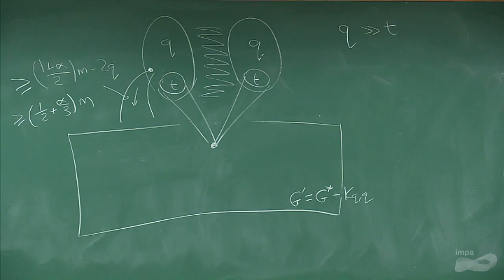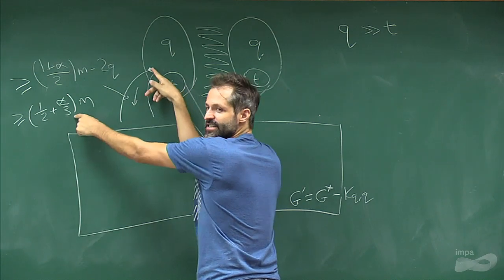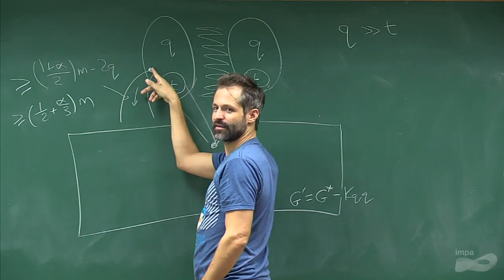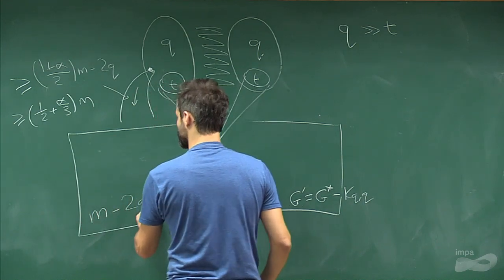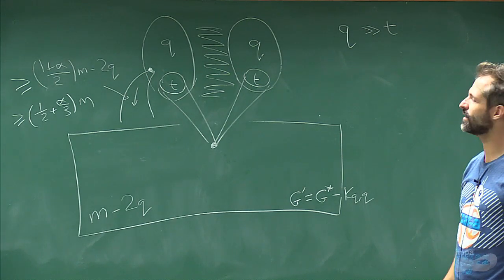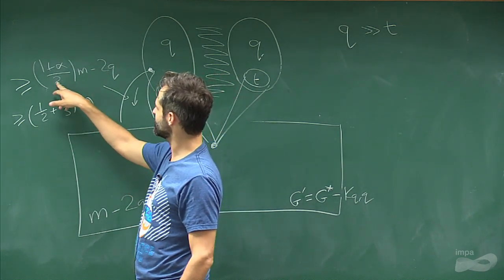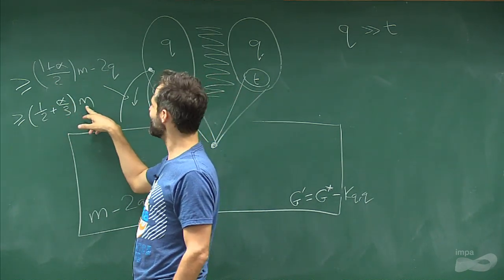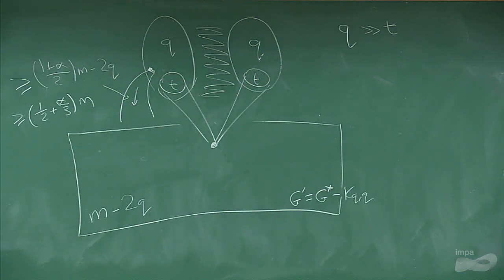Sorry, are you counting for both vertices or only one? I'm saying any vertex. So just a single vertex sends at least this many edges down here. And how many vertices are there here? M minus 2q. Where did that 3 come from? This 3, it's bigger than 2. It's just saying that m is much bigger than q, or alpha times m is much bigger than q.